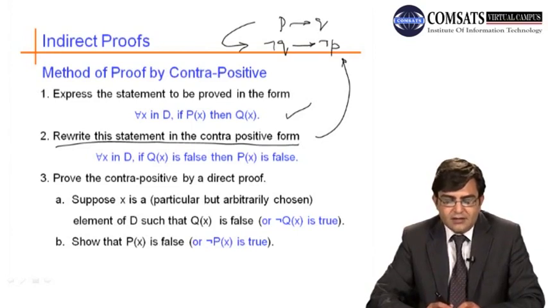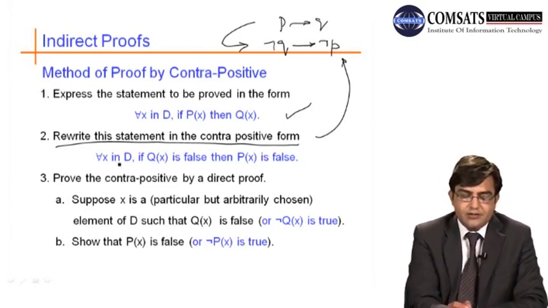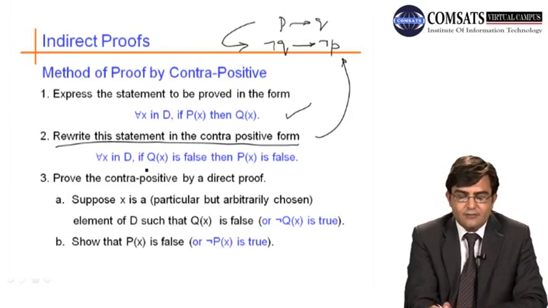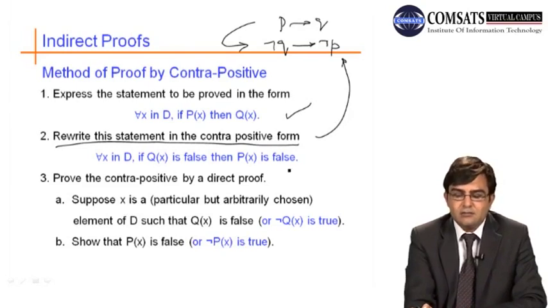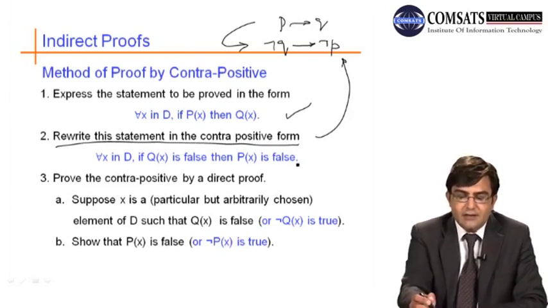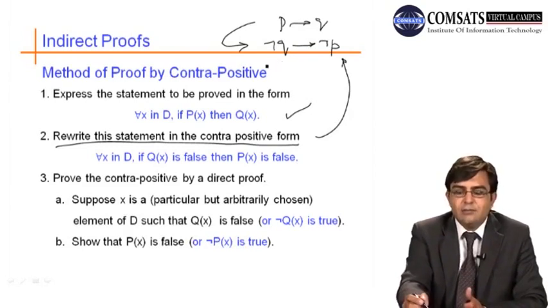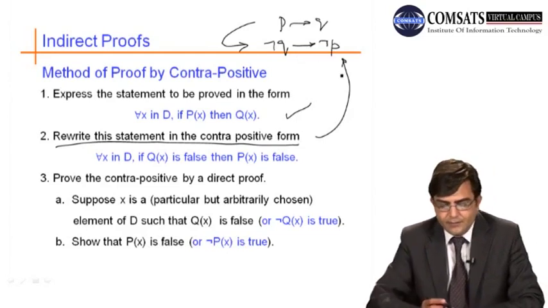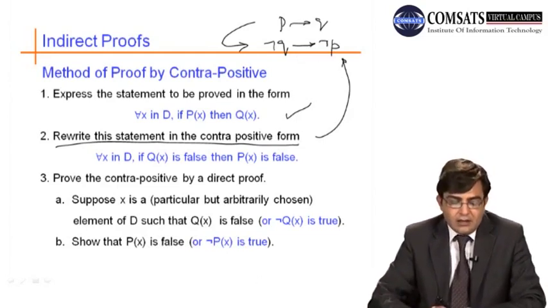We write the universal conditional statement in the contrapositive form, that is, for all x in D, if Q of x is false, then P of x is false. This is what we have written here: Q of x is false, or not Q is true, implies not P is true. This is the same.